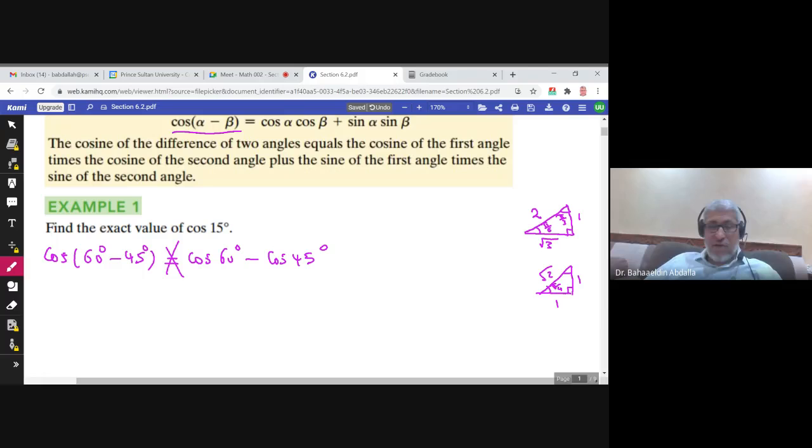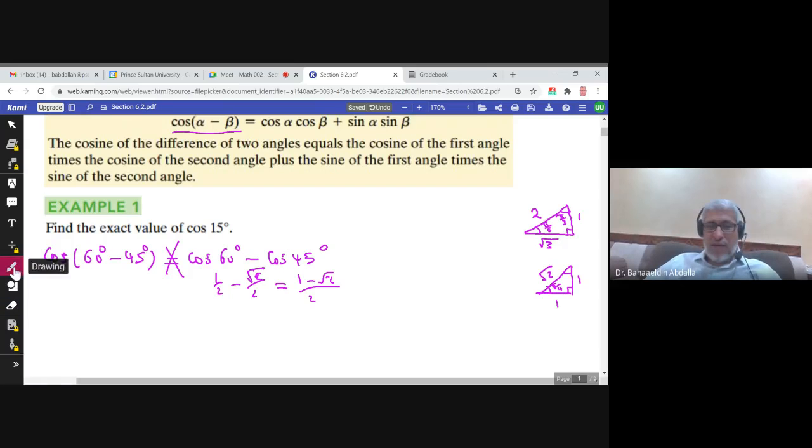You can use the calculator to find out. This is cosine 15. Does cosine 15 equal cosine 60, which is half, minus square root of 2 over 2? Is it 1 minus square root of 2 over 2? You will find the answer is no. So cosine 60 minus 45 is not equal to this.